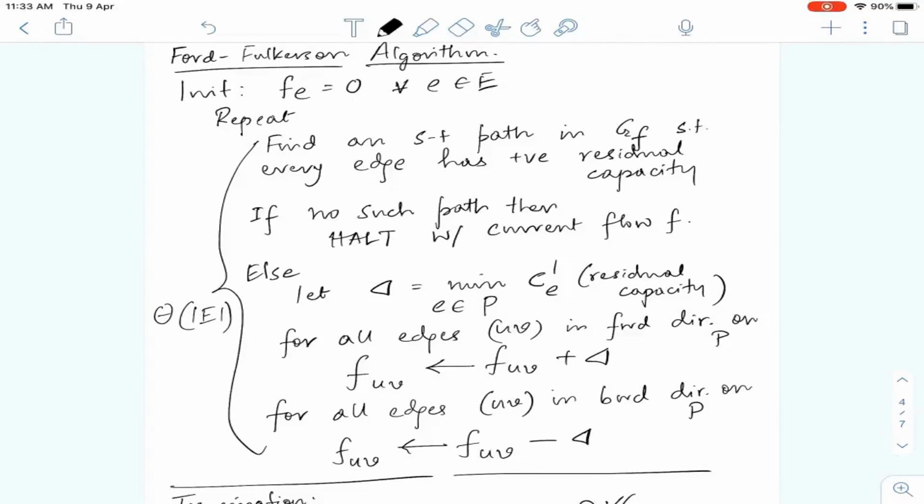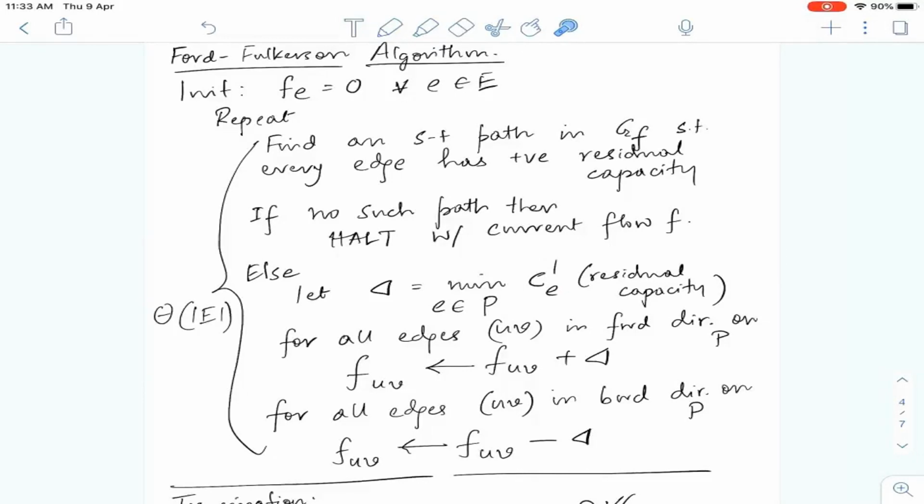And then there is something else that you need to do here, but this takes another theta of E time. You are going over every edge along this path and changing the flow. So in a nutshell, this entire inner part takes theta of mod E.